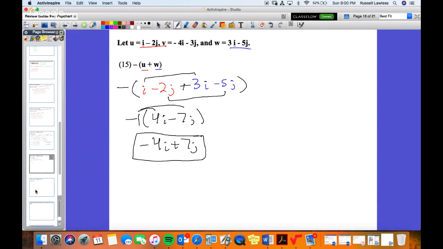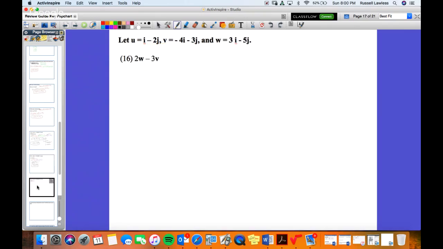These are essentially operations on vectors. And so now we got, let u equal, or actually this isn't going to involve u. We're looking at the w vector and the v vector. So what we're doing is we're taking the value of 2 here and multiplying it by our w vector.